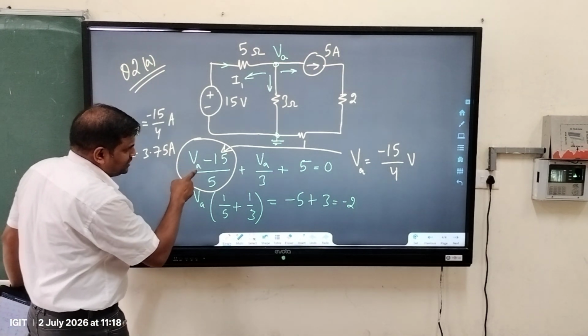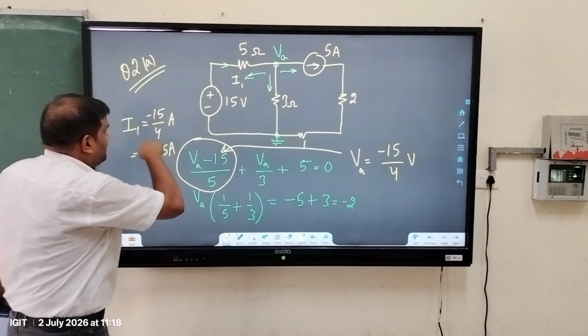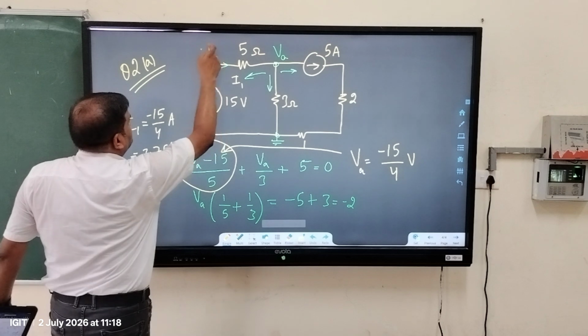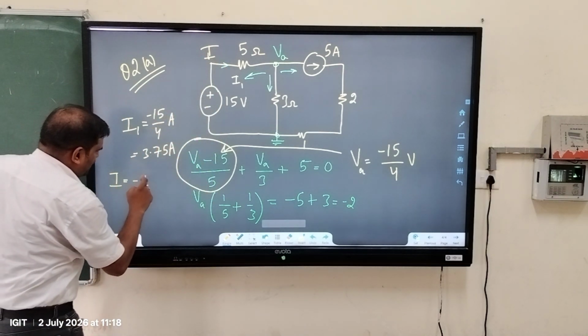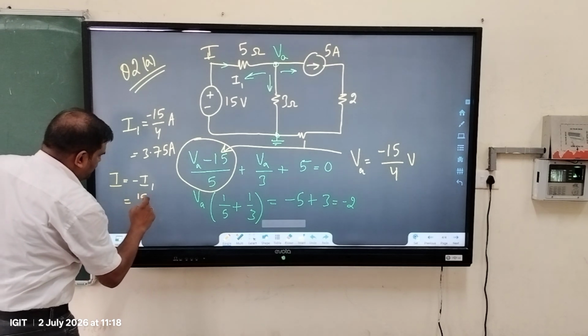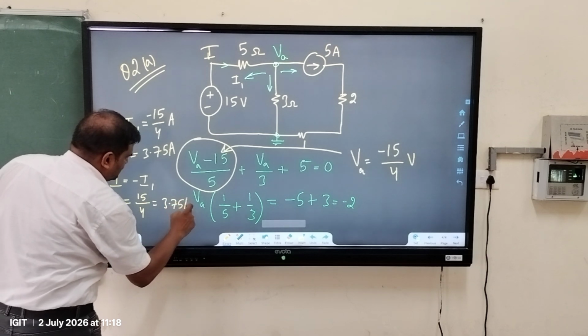You substitute the negative value here, so you get a negative value. The current I asked for is the opposite of I1. So the current I is equal to minus of I1, that is 15 by 4, which is 3.75 ampere.